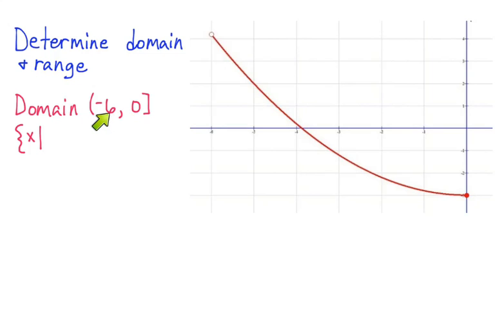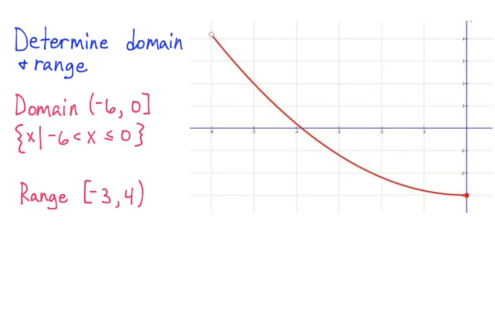And the way I do that is I write down the -6, and then a less than sign, less than because of the parentheses here. The open circle and the parentheses and the less than sign, they all go together. And then here, because of the bracket, I'll have a less than or equal to sign. So x is stuck between these two numbers, but because of the bracket here, it can be equal to 0.